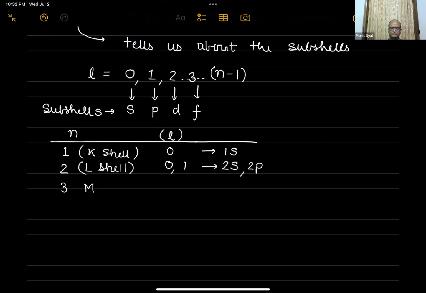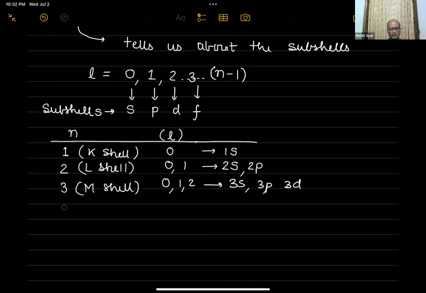For the M shell, the values are 0, 1, 2. Got it? The M shell, the third shell, will have 3s, 3p, and 3d subshells. I hope this is clear.